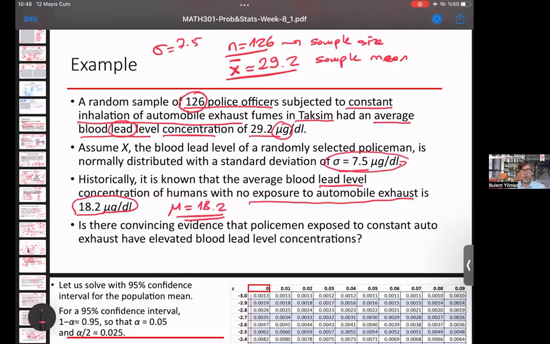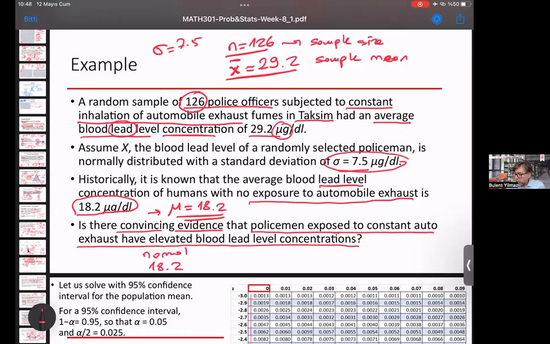Normal people, without too much automobile exhaust, have a mean level of 18.2. Here's the question: is there convincing evidence that policemen exposed to constant auto exhaust have elevated blood lead level concentrations?